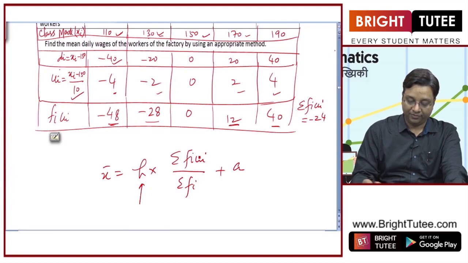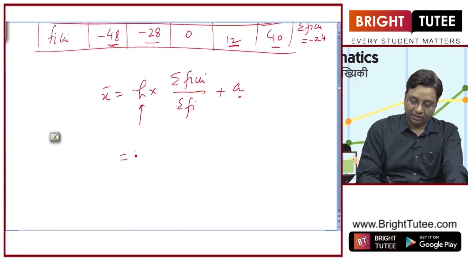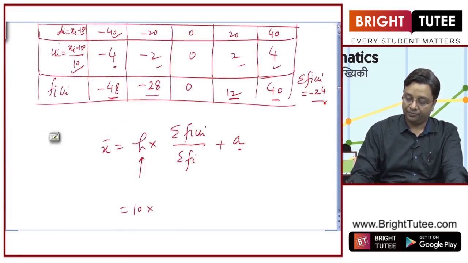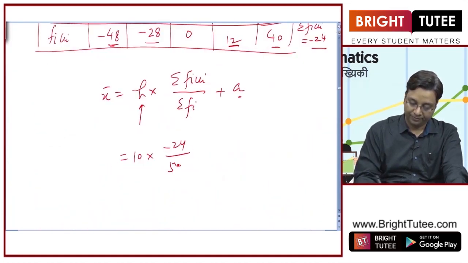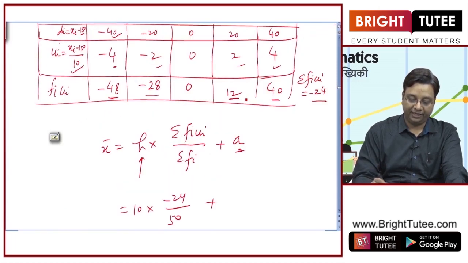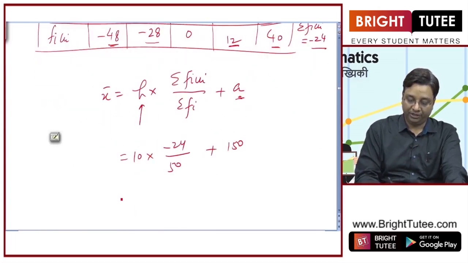We are dividing by 10, so h is 10. What is a? a is the assumed mean that we subtracted from each of the entries, which is 150. So 10 into minus 24 divided by this 50 plus a. a we took as 150. a is the assumed mean, right?